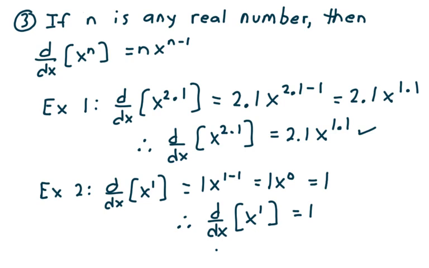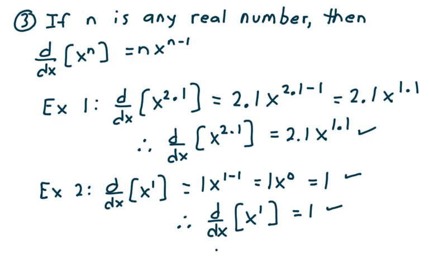And so the derivative of x to the first with respect to x is 1x to the 1 minus 1. So again, I want to stress that n is 1 in this problem. Now, 1 minus 1 is equal to 0, so this is 1x to the 0, which is equal to 1. And so therefore, the derivative of x to the first, or x, with respect to x is equal to 1.